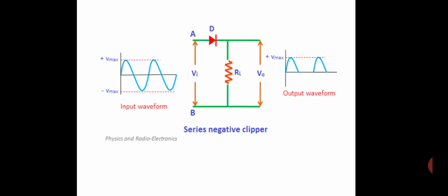Again in positive supply, the diode is forward bias, and at RL we receive that signal.